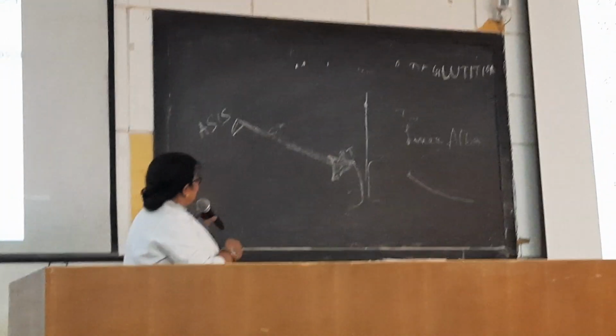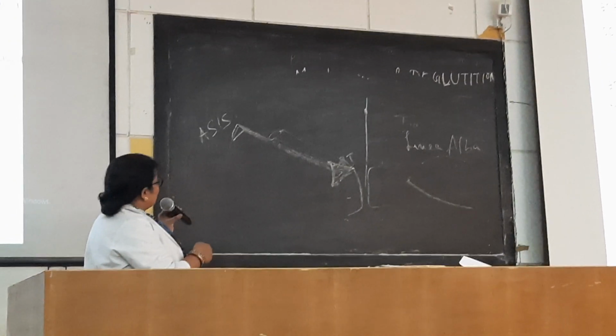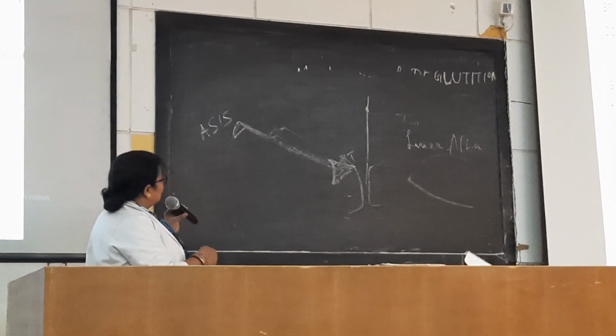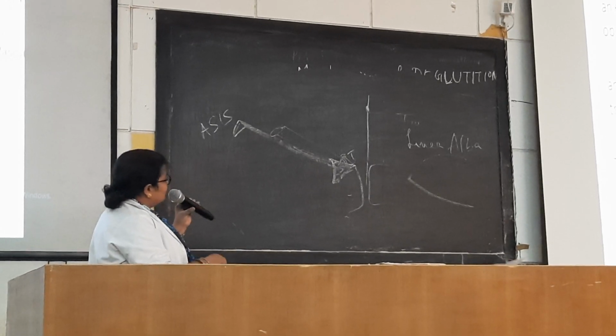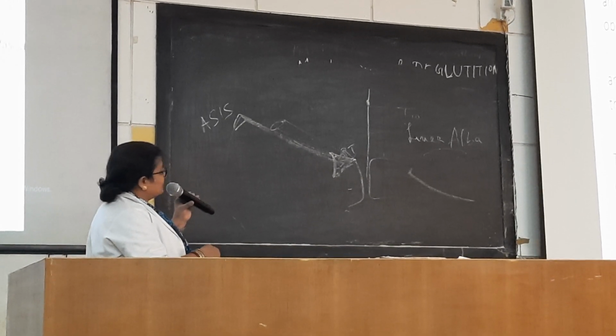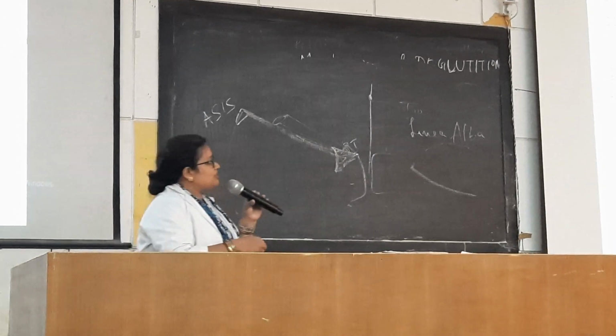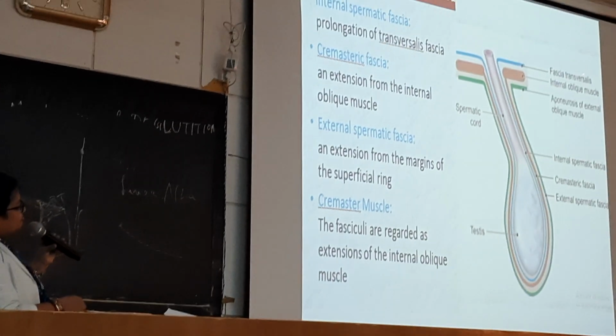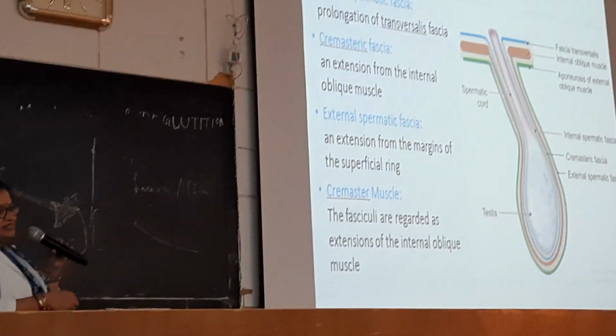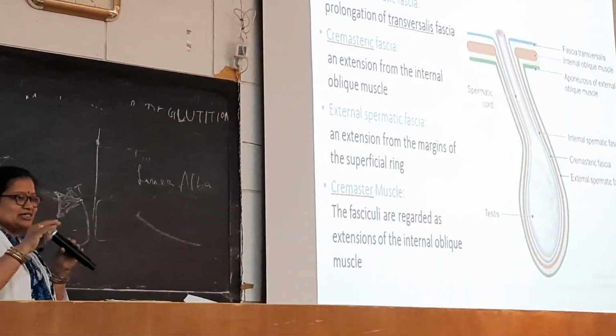So from the 5th week of intrauterine life, the testis enters the deep inguinal ring and takes a layer from here, that is the internal spermatic fascia, which is a remnant of the fascia transversalis, the deepest layer.